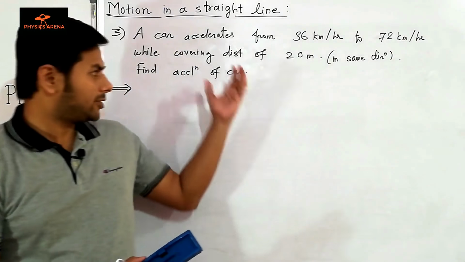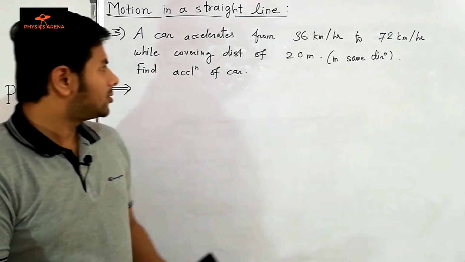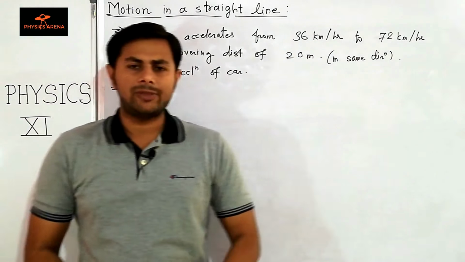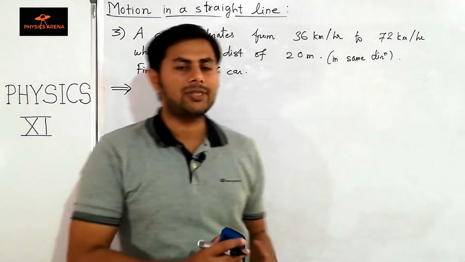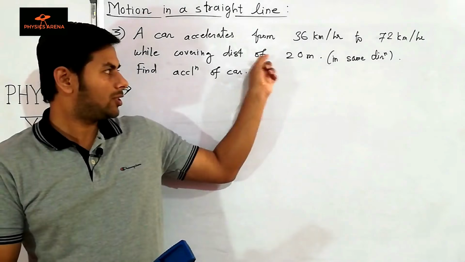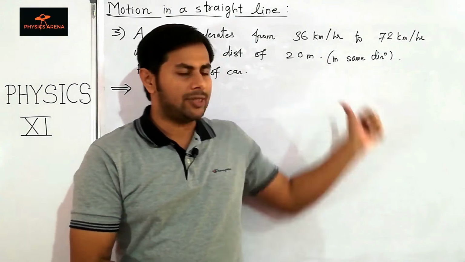Okay, so let's note down the quantities, the values we have. We have the initial velocity, which is 36 kilometers per hour. Then we have the final velocity, which is 72 kilometers per hour. And we have the distance covered in the same direction, that is displacement, which is 20 meters.